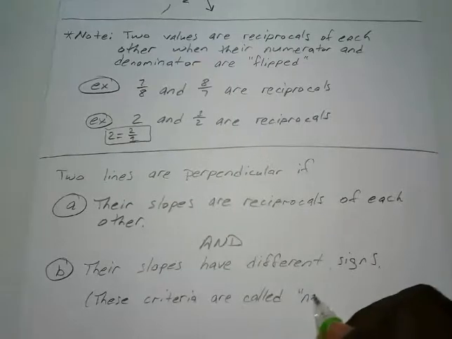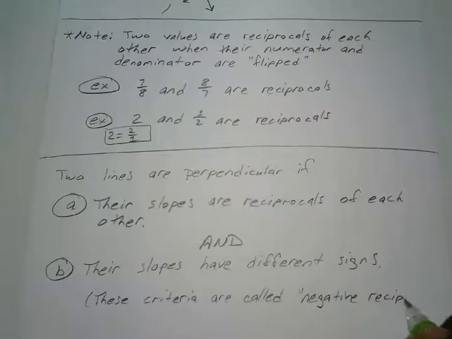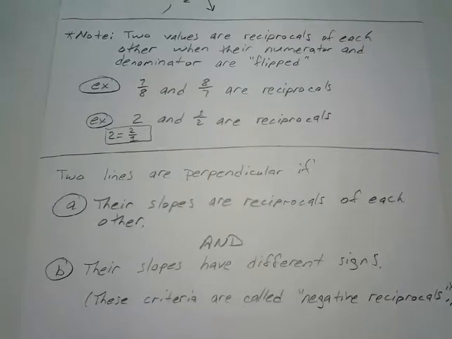So sometimes you may see a book refer to finding the negative reciprocals. That just means both of these criteria have been met.